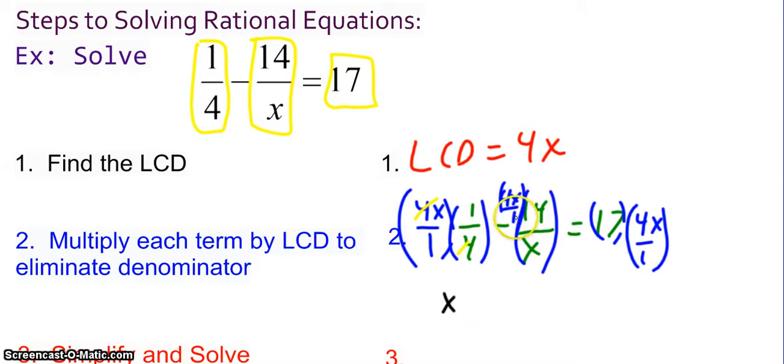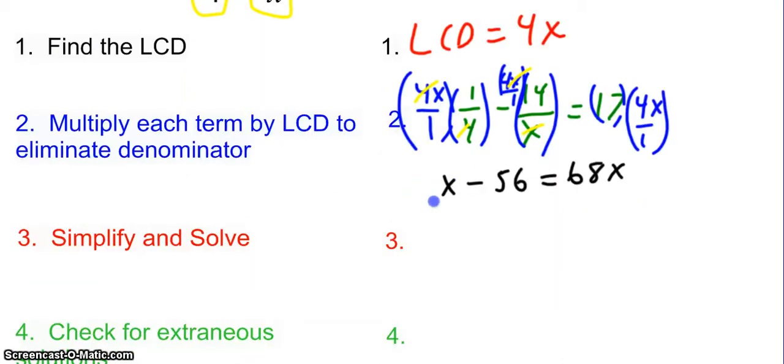When I multiply 4x over 1 times 14 over x, the x cancels and I'm left with minus 4 times 14, which is going to be 56. And when I multiply 17 times 4x over 1, I just get 17 times 4x, which is going to be 68x. Now what we have left is a linear equation.